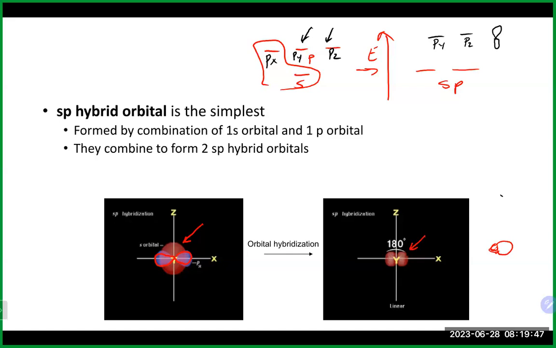Now, hybridization is linked to electron pair geometry. So the electron pair geometry is linked to the hybridization that occurs. So when we think about the electron pair geometry that we talked about, and we think about what happened here, a really simple way to remember it is, in this case, I took 1 and 2 orbitals together, right?